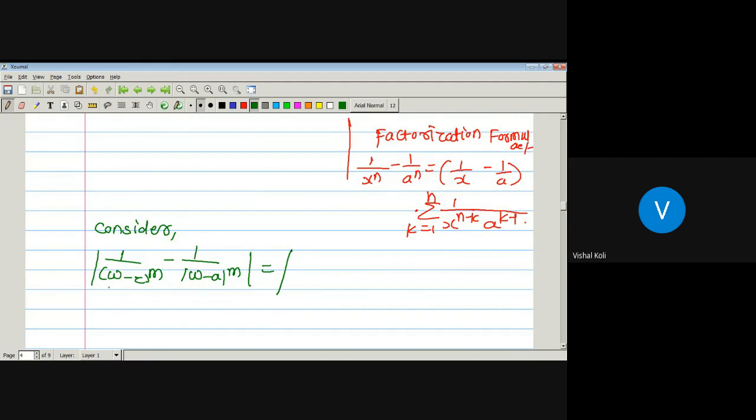Here x is nothing but w minus z, a is nothing but w minus a, then it is nothing but 1 upon w minus z minus 1 upon w minus a into modulus of summation k running from 1 to n. Here n is nothing but m, 1 upon w minus z to the power n minus k, which is m minus k, into a to the power k minus 1. a is nothing but w minus a. So w minus a to the power k minus 1.